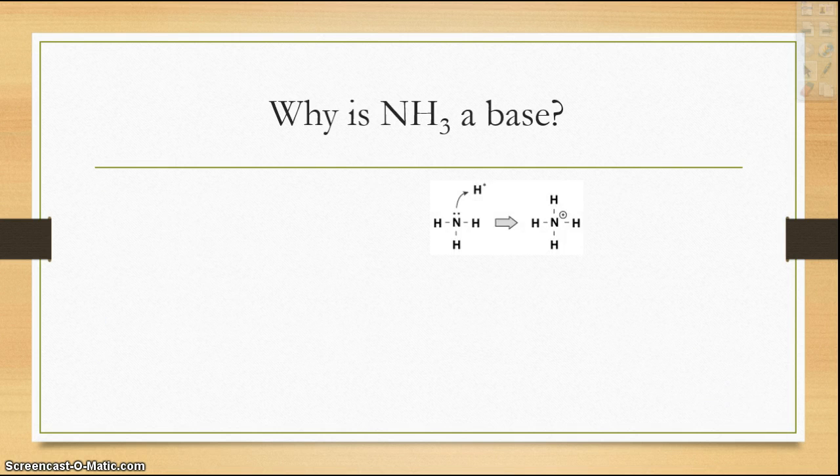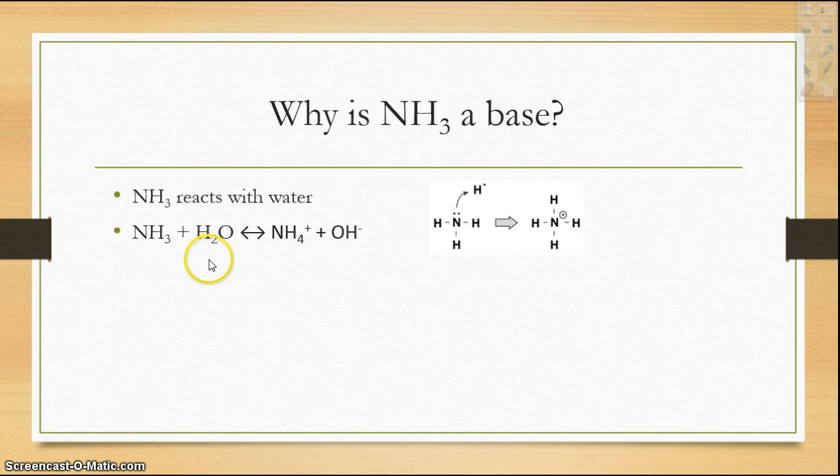Well, let's take a look at NH3, and at what happens when ammonia reacts with water. Here's the equation for ammonia reacting with water. How did we get these products? Ammonia accepts the proton, or takes the hydrogen, from water to form the ammonium ion, which is this.